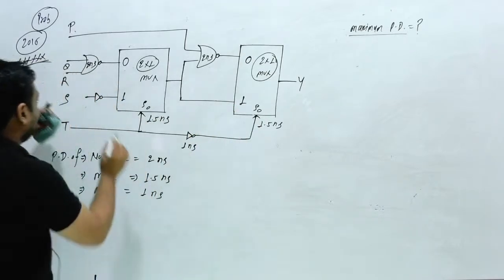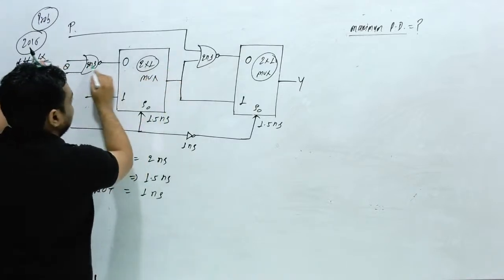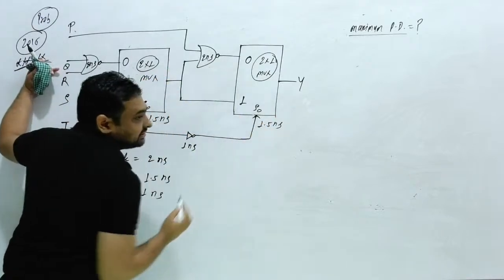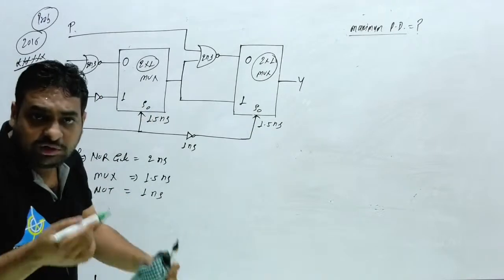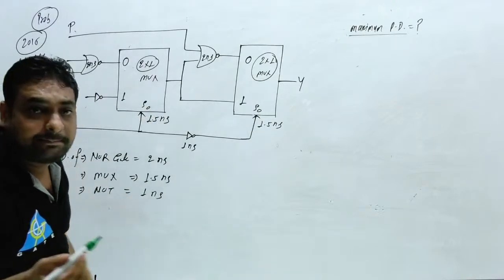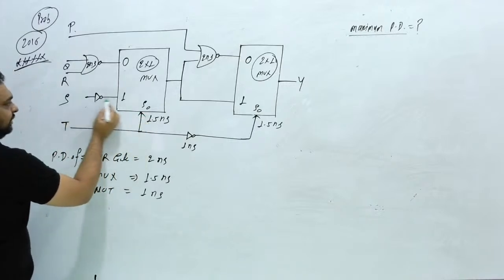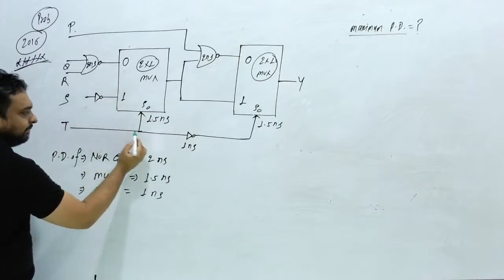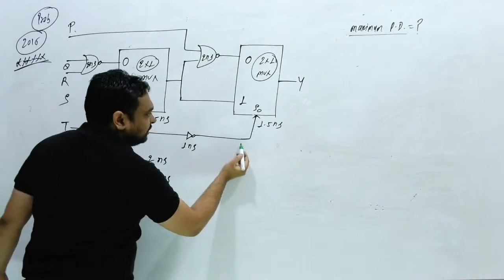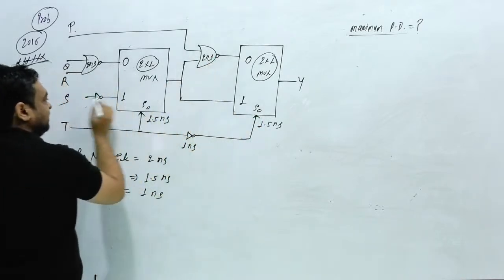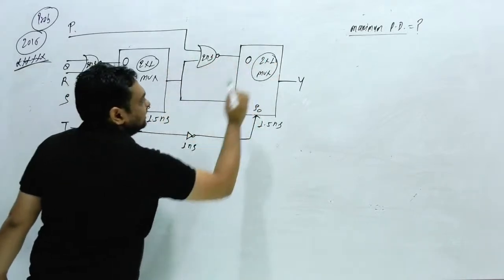Means what will be your path? Your path will be like this, from here to here, then here to here, like this. This is the first path. So first you have to find out the number of paths, and if T is equal to 1, this will be selected, and if this is 1, this will be 0, and if this will be 0, this will be selected. This is the second path.